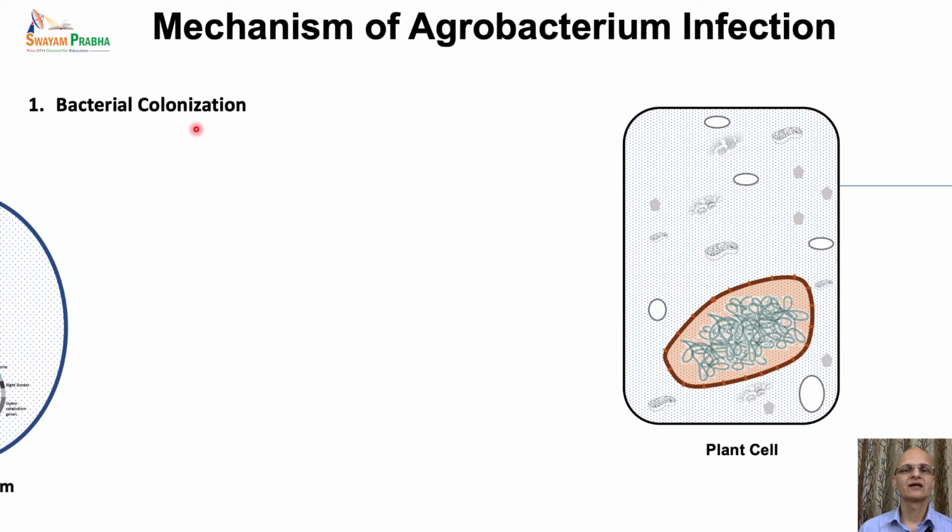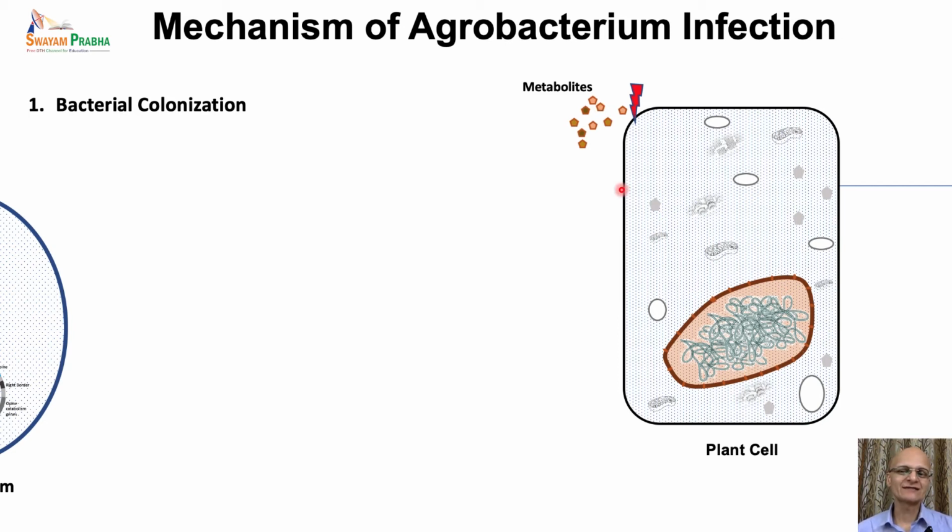So when there is an injury, the plant releases secondary metabolites as a defense response that probably inhibit the growth of microbes or pathogens at the wound site and protect itself. However, Agrobacterium uses this event as an opportunity for infection.